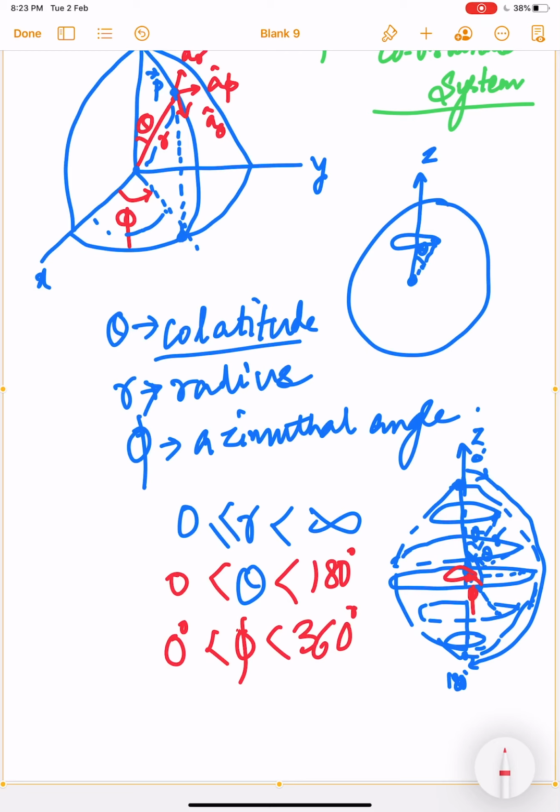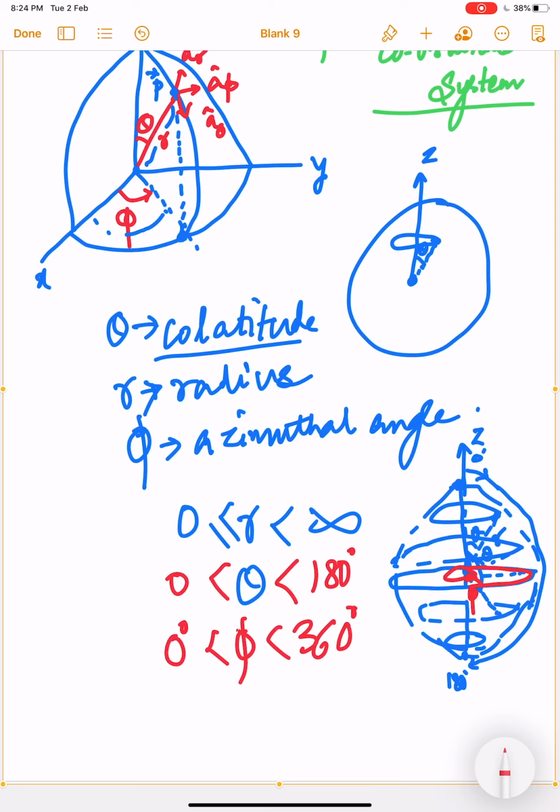Suppose instead of drawing a full circle, I drew half a circle, that is, I varied phi from 0 up to 180 degrees.